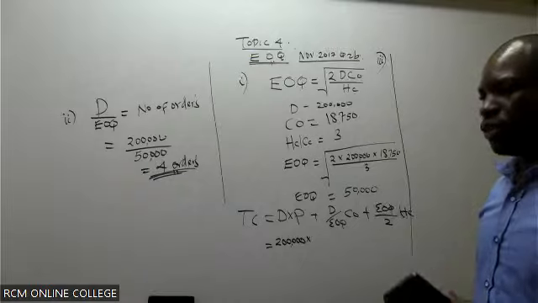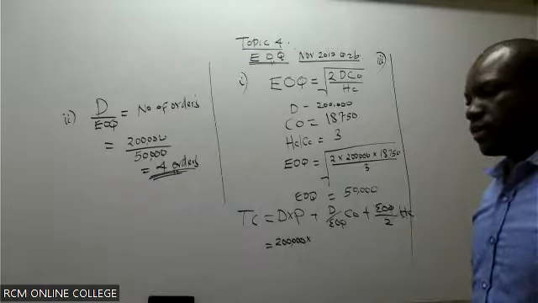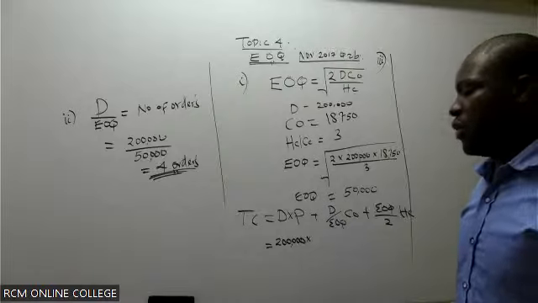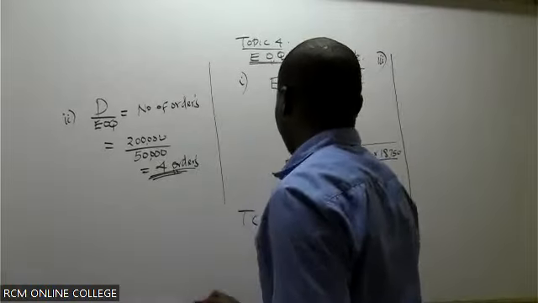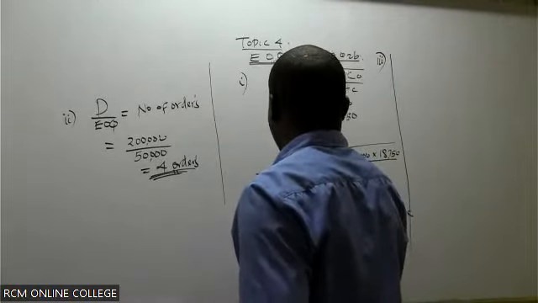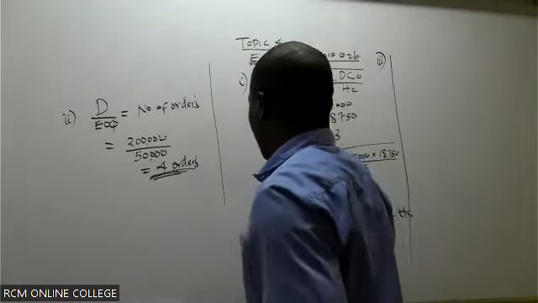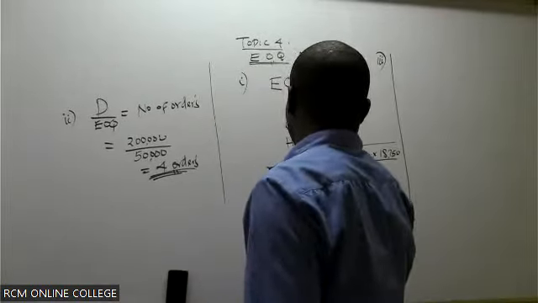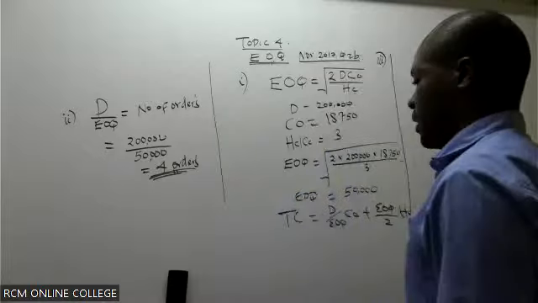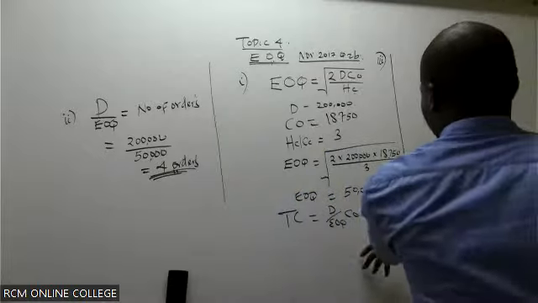The amount you're going to pay to the supplier. Do we have it anywhere? No. So if that is not given, basically we change our formula. We are going to change our formula, and then we do away with where we are required to use the purchase price. So this is what is going to remain here.